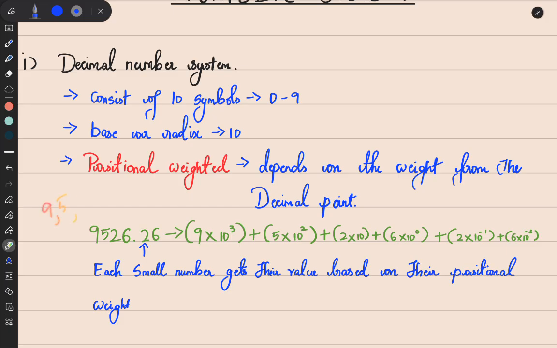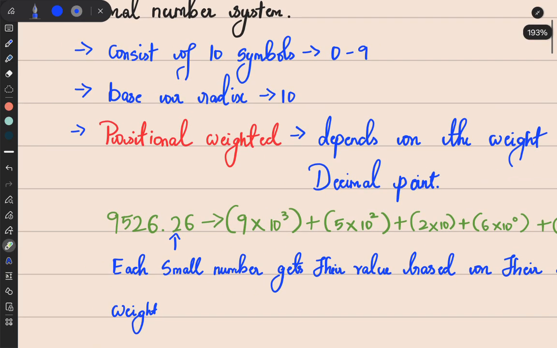All of these 9, 5, 2, 6 are small numbers, but 9 has a weight of 1000 here, and 2 has a weight of tens here. That is because each small number gets its value based on its own weight, based on where it is from the decimal point.